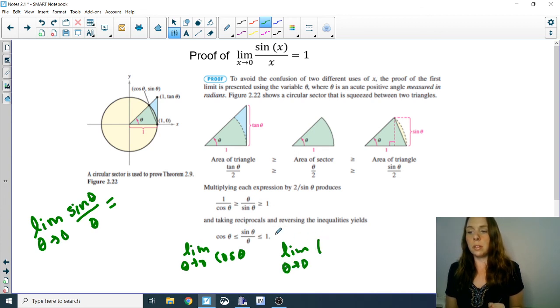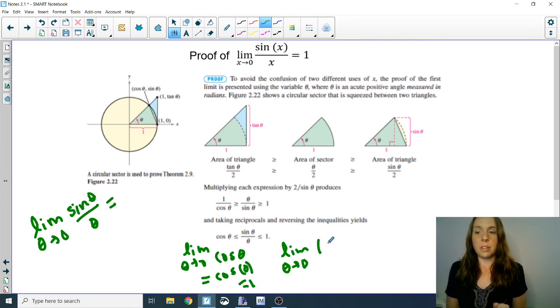So I used the lower function and the upper function here. For this one, I can use substitution. Cosine of 0 is 1. For this one, I don't need to use anything. The limit as theta approaches any value of 1 is 1. If there's a constant here, that's your answer.